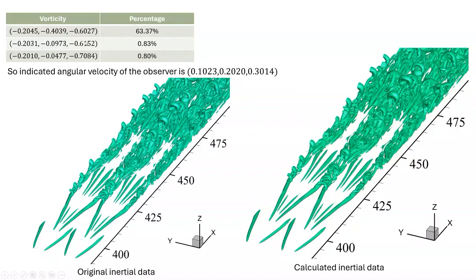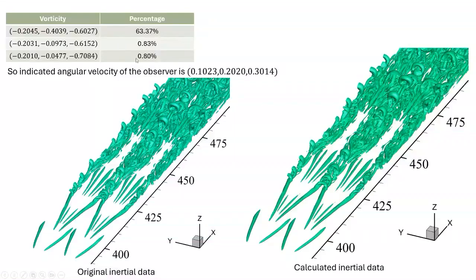This table shows the vorticity vectors we found and their presence in the data. 63.4% of vorticity values is this vector. So we're using that, and the angular velocity is negative 1/2 of that, which is this. That's what I have so far.